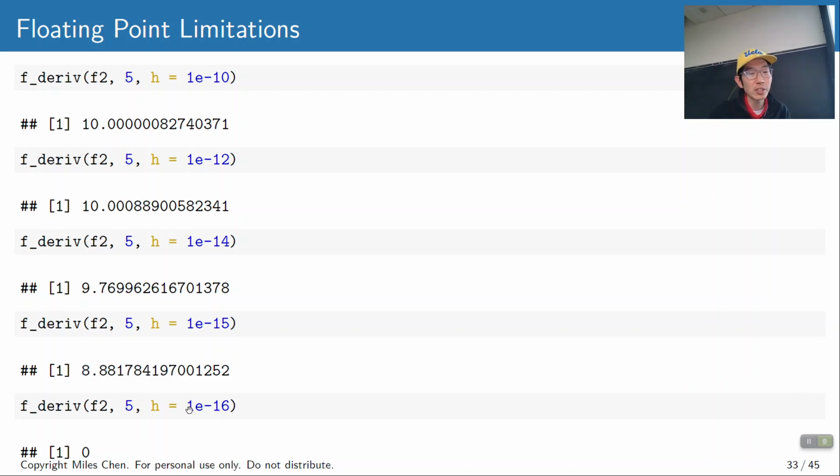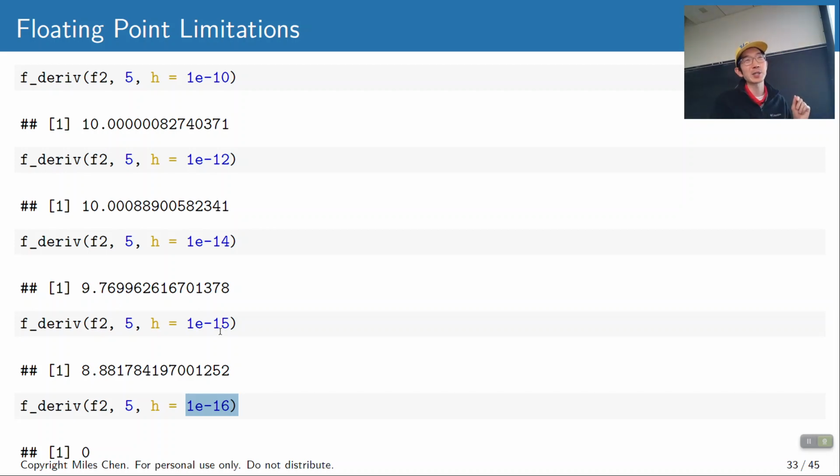And if I try 10 to the minus 16, my derivative ends up being 0. 2 to the negative 52 is around 10 to the minus 16. At this point, if my value is 5 plus this, the computer's not able to understand that. 5 plus this is the same as 5 to the computer. It cannot distinguish between 5 plus this quantity versus 5 by itself. It is able to distinguish between 5 plus 10 to the minus 15, but not very well.